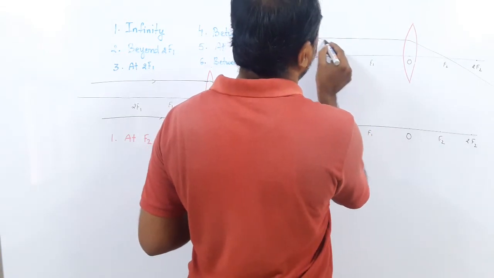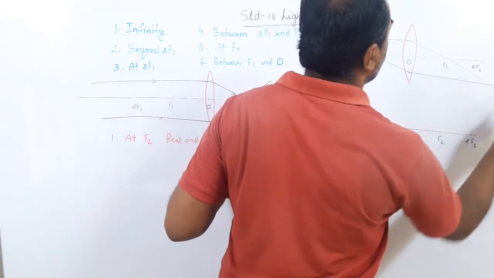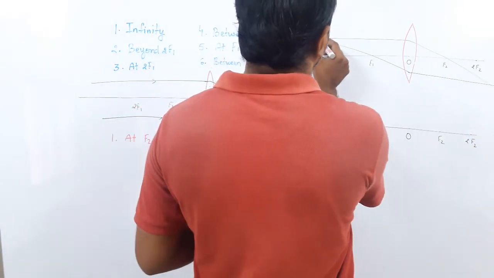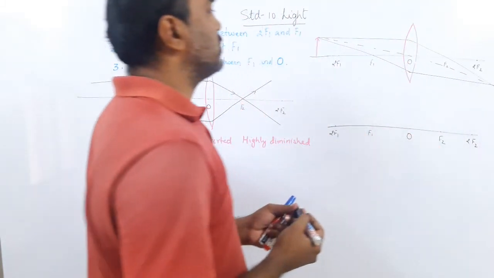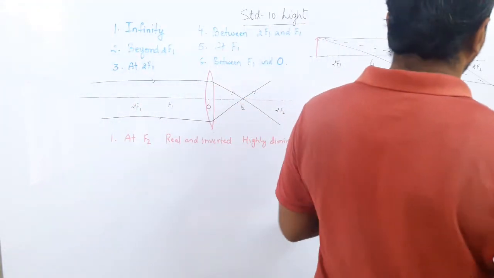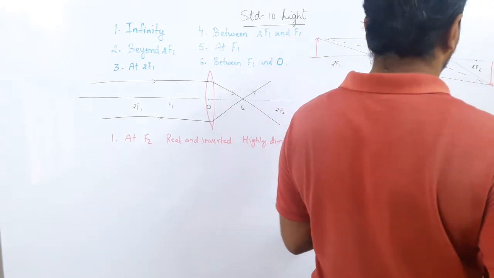Second one you can take, ray passing through the focus. After refraction becomes parallel to the principal axis. Or you can take the ray passing through the optical center, which does not change direction. They will meet at the same point. You can take any two. So where is the image formed? Check it out.